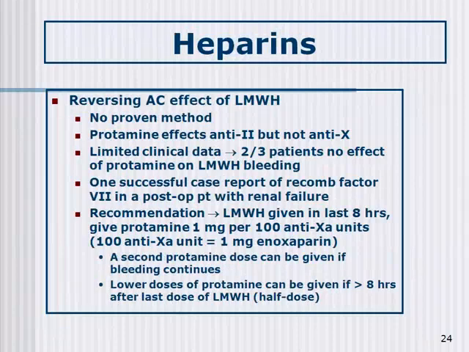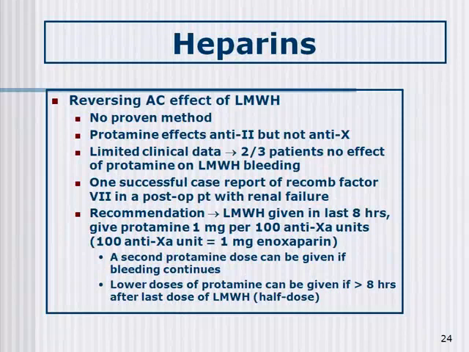Slide 24: what do you do in the patient that's receiving low molecular weight heparin and then has a serious bleed? Well, there's no proven method of reversing low molecular weight heparin, which is predominantly a factor 10 inhibitor, whereas unfractionated heparin is equally potent in terms of effect on factor 2, which is prothrombin, and factor 10.